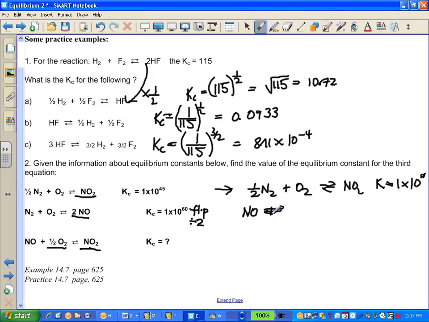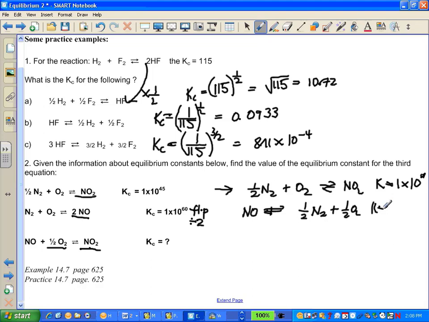So I'm flipping it around, so the NO becomes the reactant, and I'm also dividing it by 2, or multiplying by 1/2. So my new reaction becomes NO in equilibrium with 1/2 N2 and 1/2 O2. Because I made this change, the equilibrium constant is also going to change, and we need to apply the appropriate manipulations.